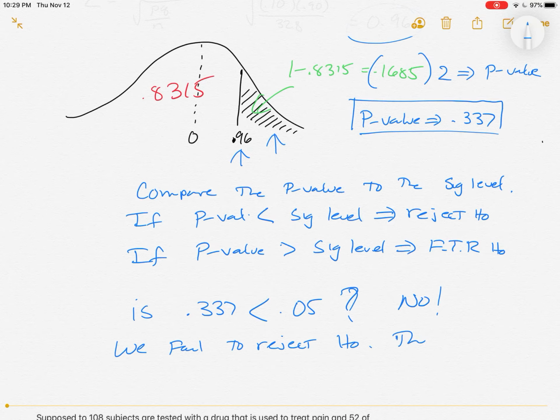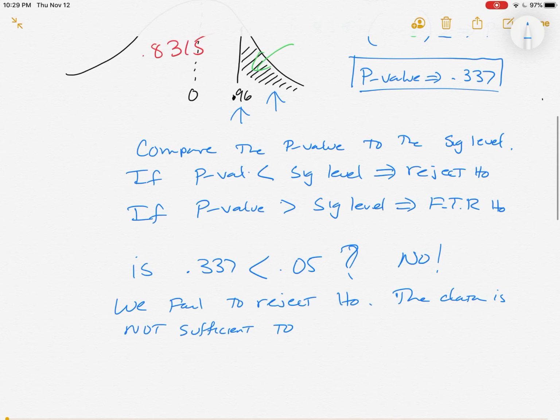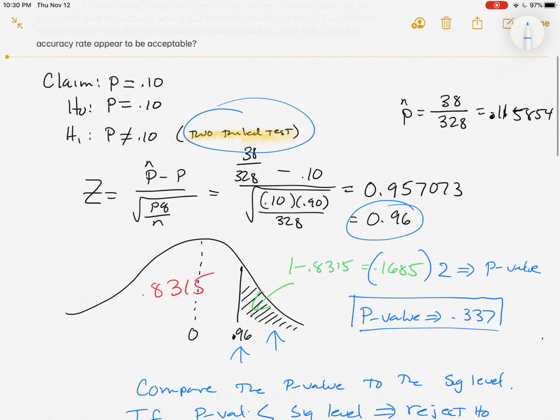It also means the data is not sufficient to, and the wording changes, but they'll give you some good wording in there, to know that the percentage is not 10%. So we have no basis to say that it's not 10%. That's what we were hoping to do.